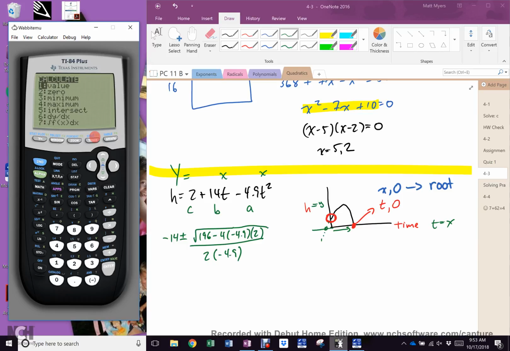I have a 0, don't I? So maybe 0 will work. 2. Oh, weird. It's all over the place. Okay. Let's go back to calc. And the other guess was intersect. First curve. Weird.